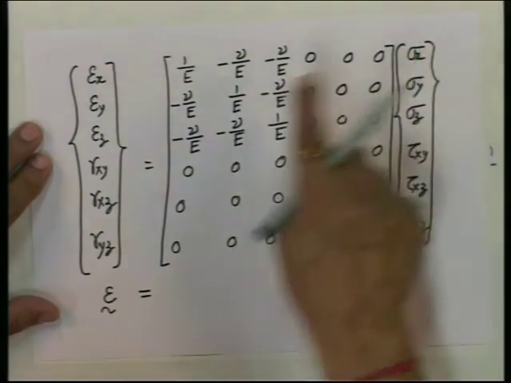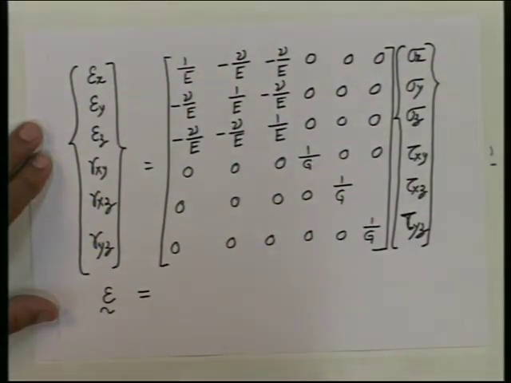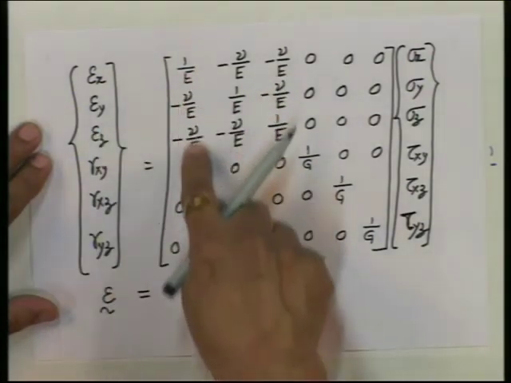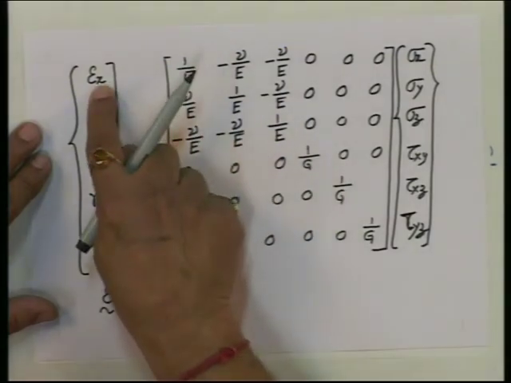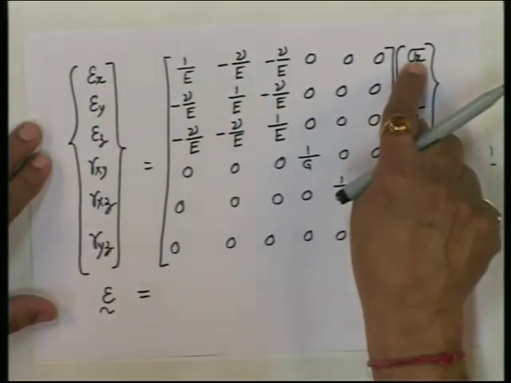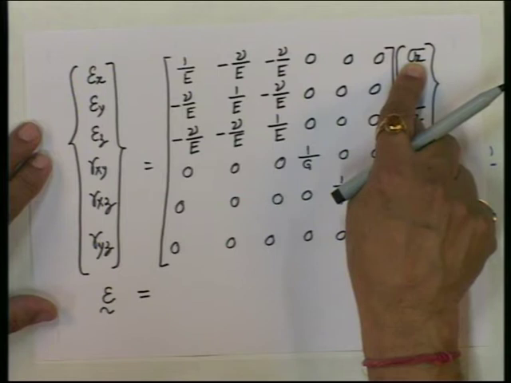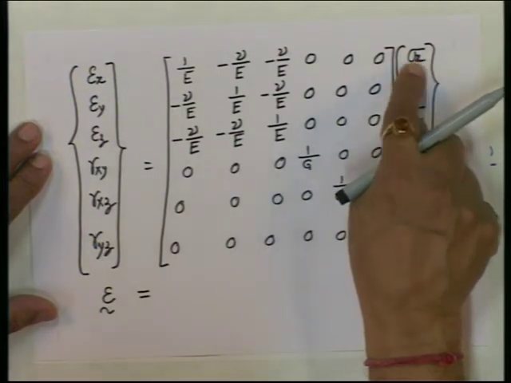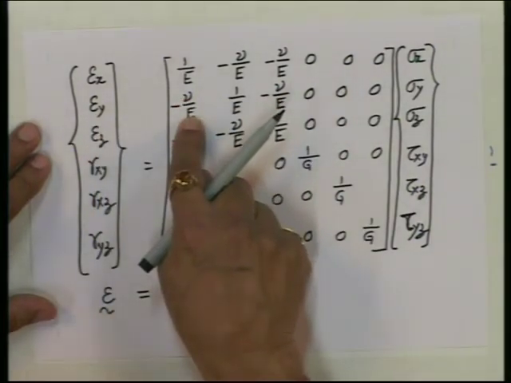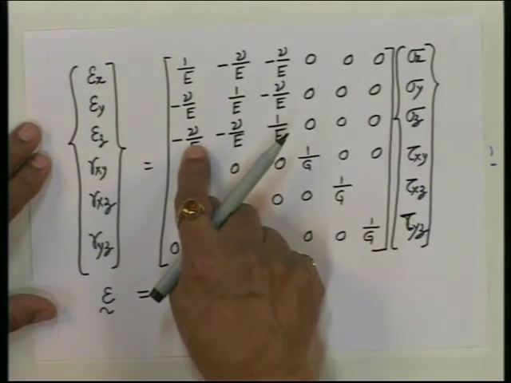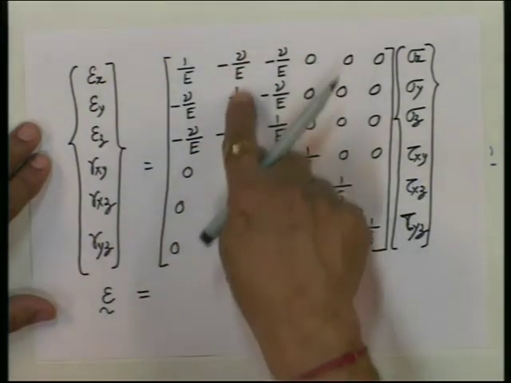What will I get? Only epsilon x will be 1 by E, since sigma x is unity. So, the strain produced by unit stress is this, then strain in y direction will be minus nu by E, strain in z direction minus nu by E, all other strains are 0.